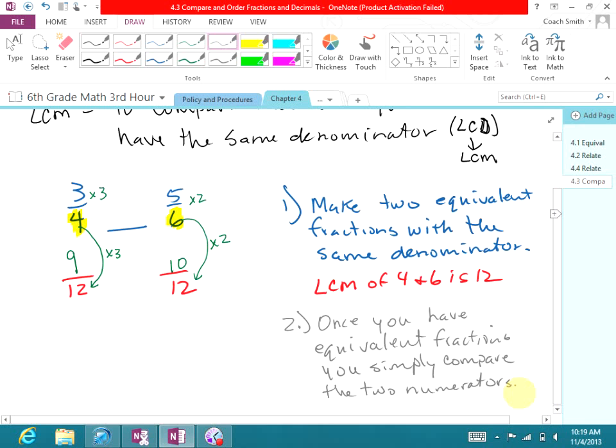Okay, so which is higher? Which is greater, 9 or 10? 10. So 10 over 12 is the greater, so I put the less than sign in the blank, because our mouth always opens to the larger number. Okay? And so that's how you would compare two fractions.